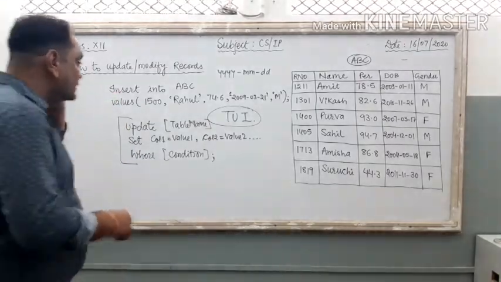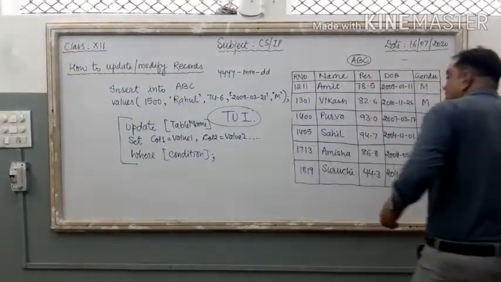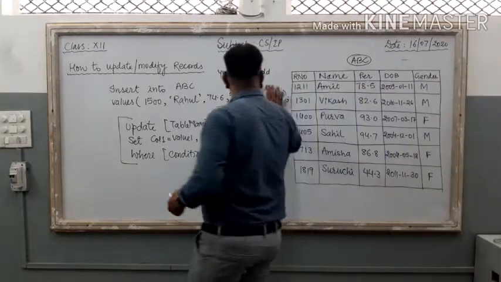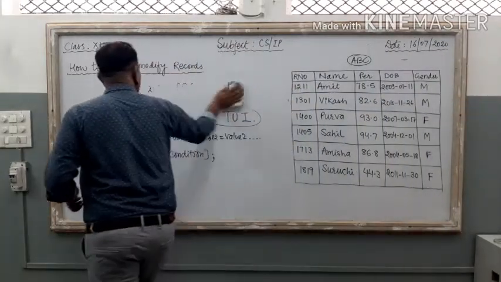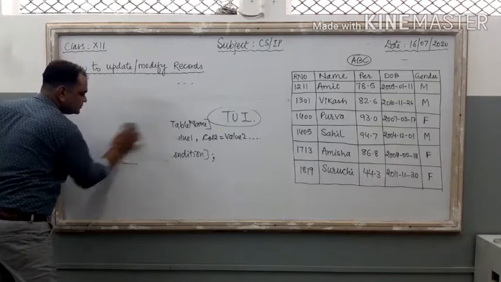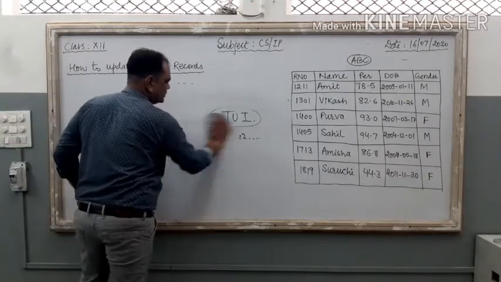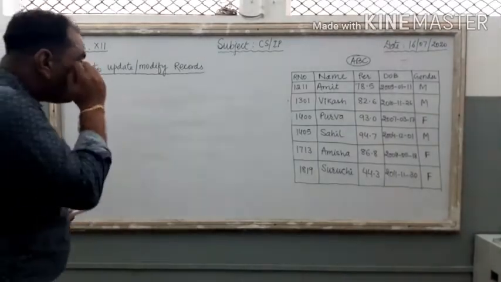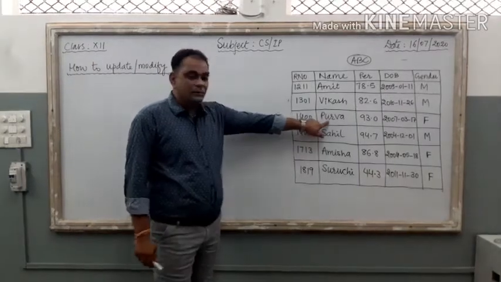Now just take one example. I am going to remove these things from the board. Just take one example of how you can update a record. Suppose we want to change the percentage of Purva, right?